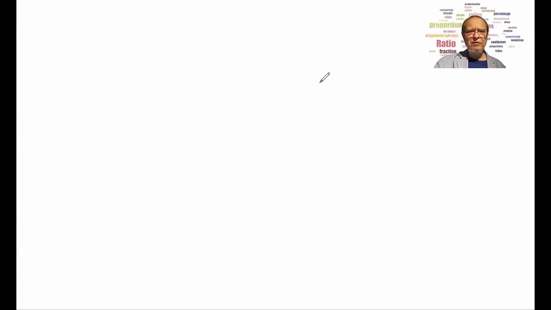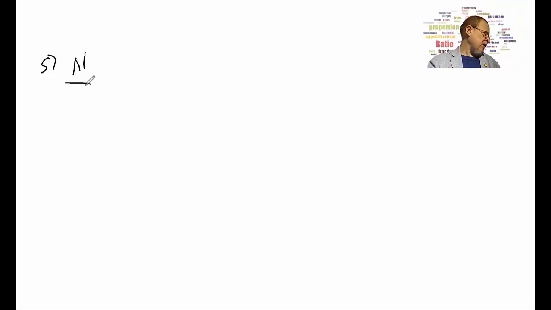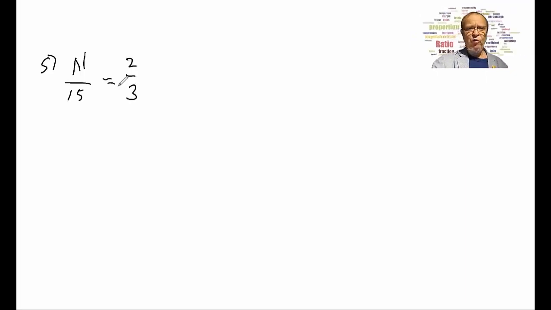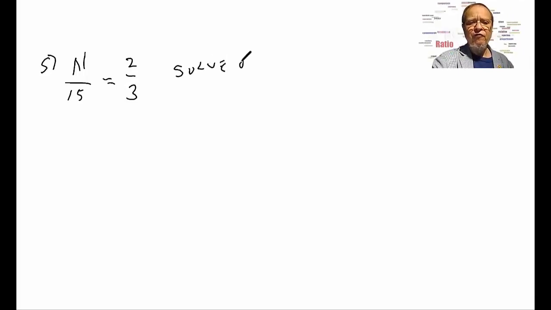In example number 5, we are asked to do a calculation where we have two ratios. N over 15 is equal to 2 over 3, and we want to solve for n.